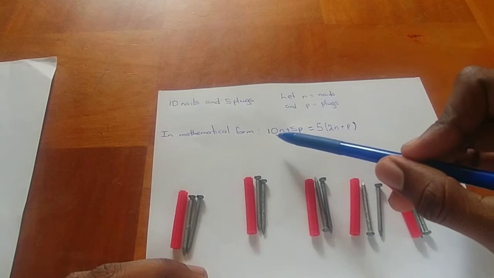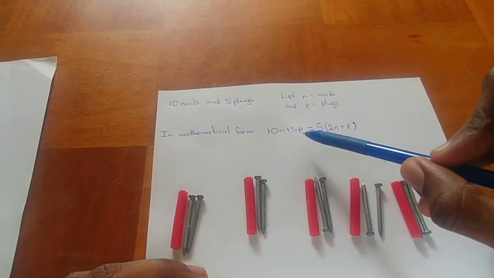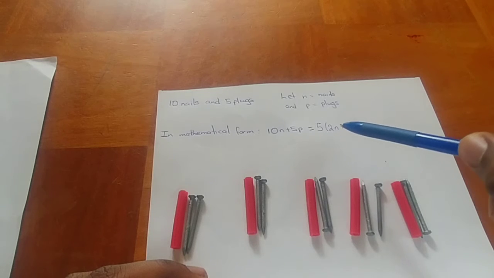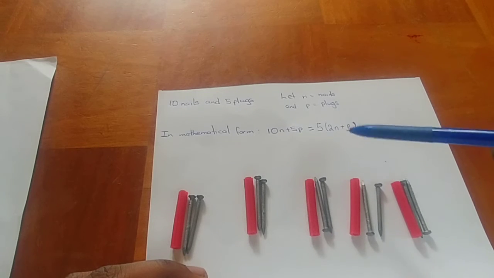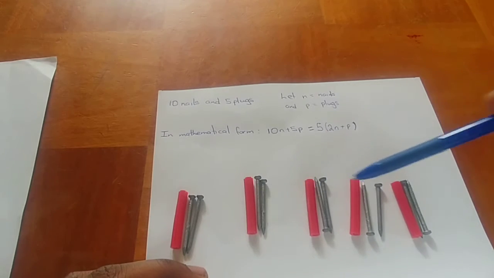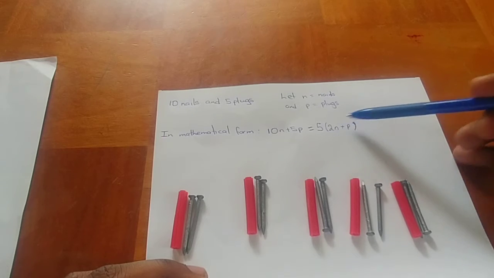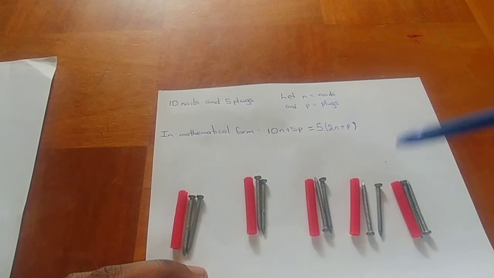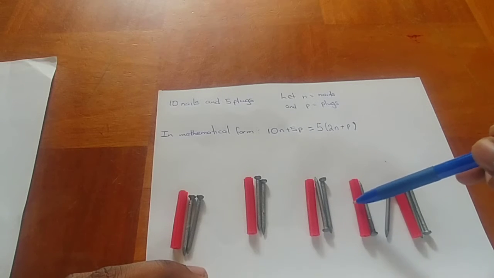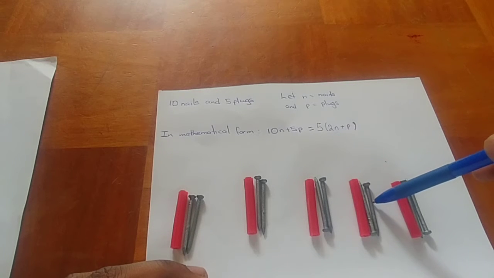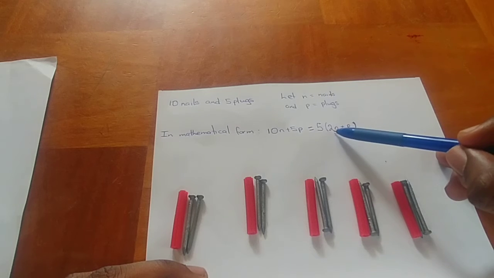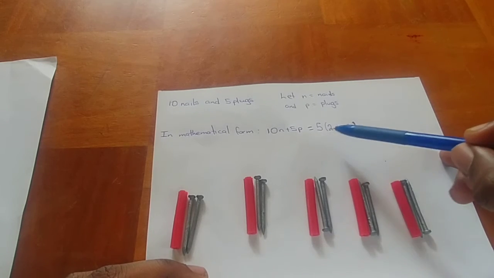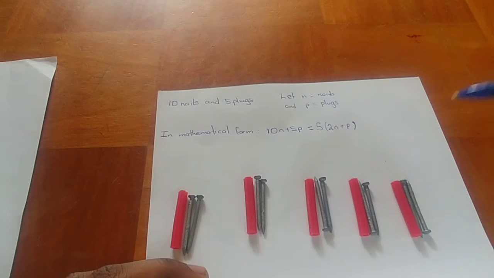So originally we had 10 nails and 5 plugs. Now when you group it to be packaged, what we realize is that we made 5 packages. Remember our brackets represent our packages, and within each package we have 2 nails and a plug.